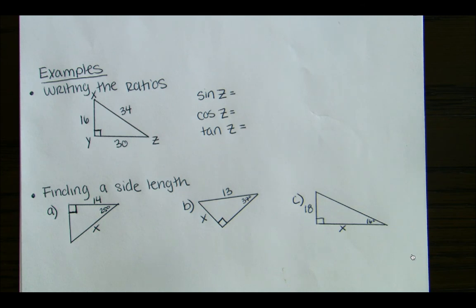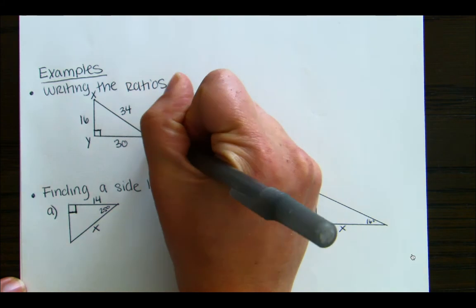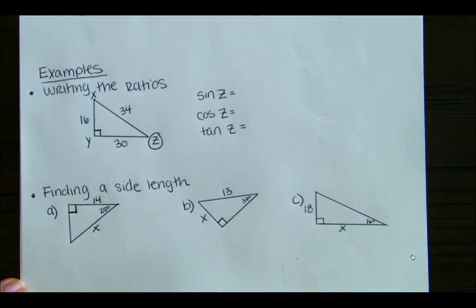Everything depends on what angle we are coming from, right? So I want to find the sine, cosine, and tangent of Z. If I'm coming from angle Z, it might be easier for me to circle the angle that I'm coming from so I remember exactly where I'm coming from. So sine, like we said, is opposite over hypotenuse.